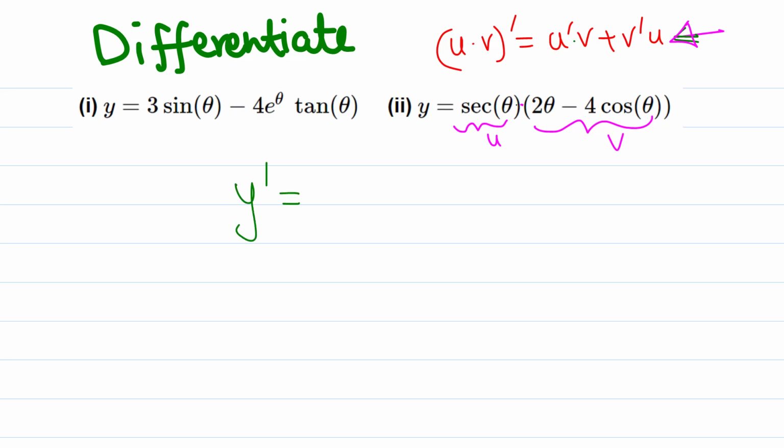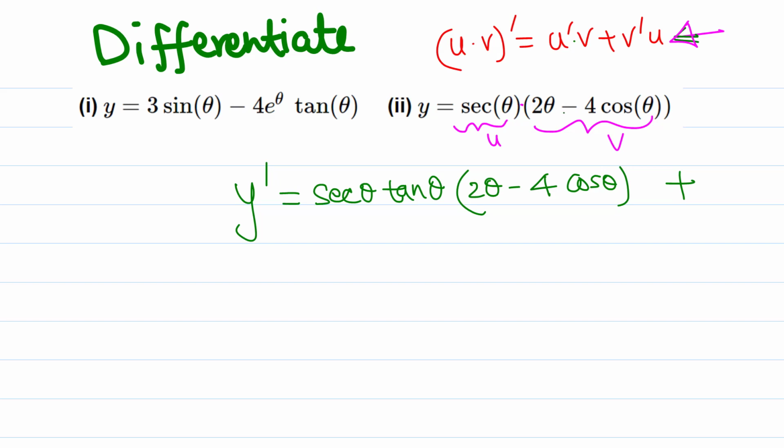Y prime equals derivative of u, u prime, derivative of secant theta, which is secant theta tangent theta, u prime times v. So let me write v, which is 2 theta minus 4 cosine theta. That's u prime v plus v prime.